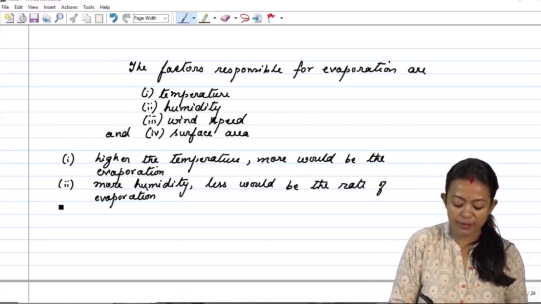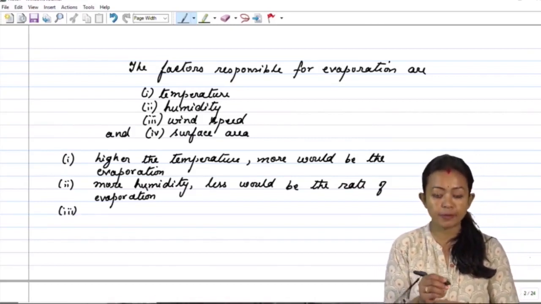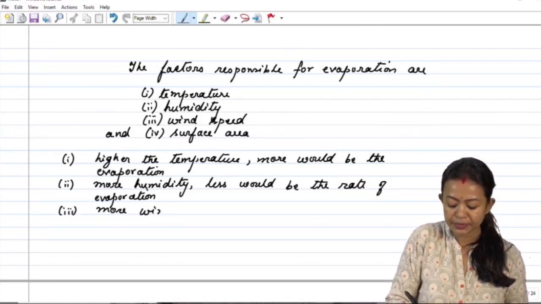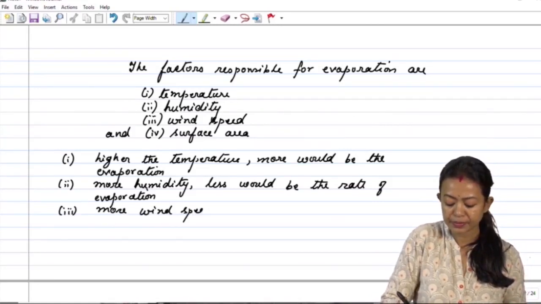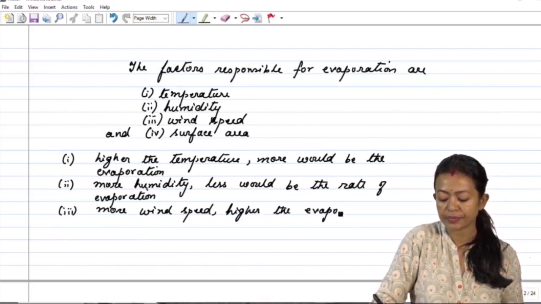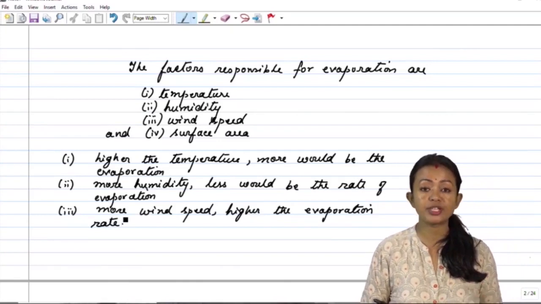Next, what is the third factor? Wind speed. Now how does wind speed influence? More wind speed, higher the evaporation rate. Now why is it, the more the wind speed, that the rate of evaporation increases?